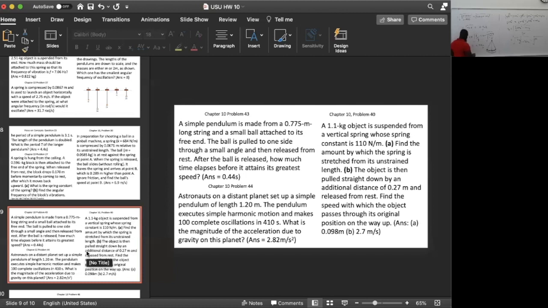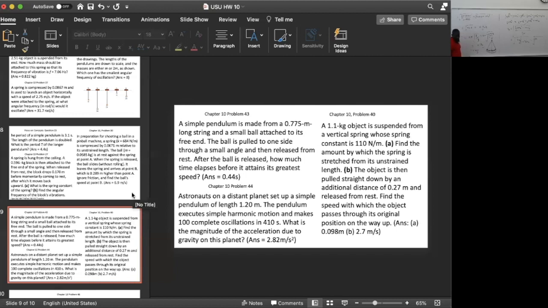So we are dividing 1.77 seconds by 4, which is 0.44 seconds. Okay, and that's the correct answer that we have there, 0.44 seconds.